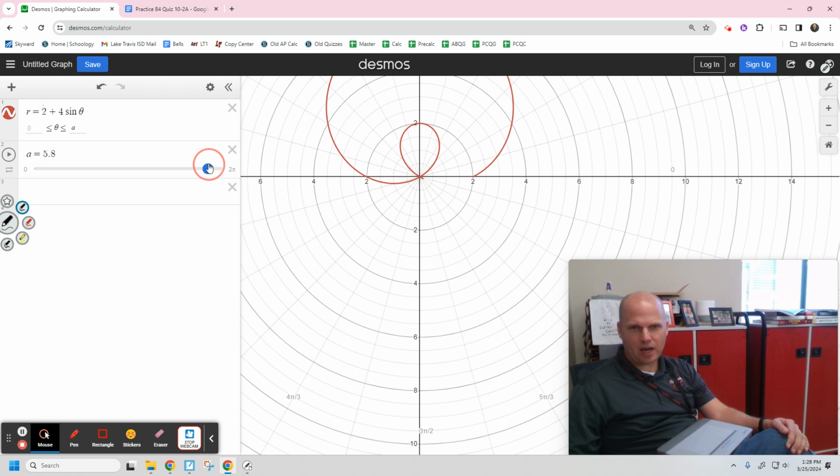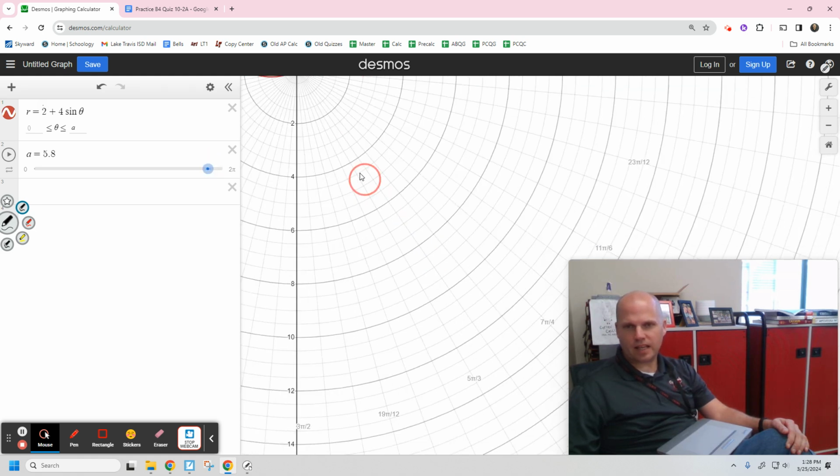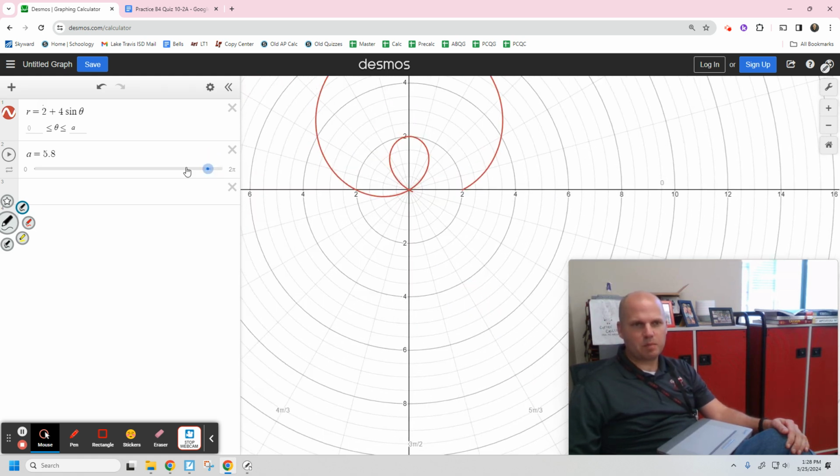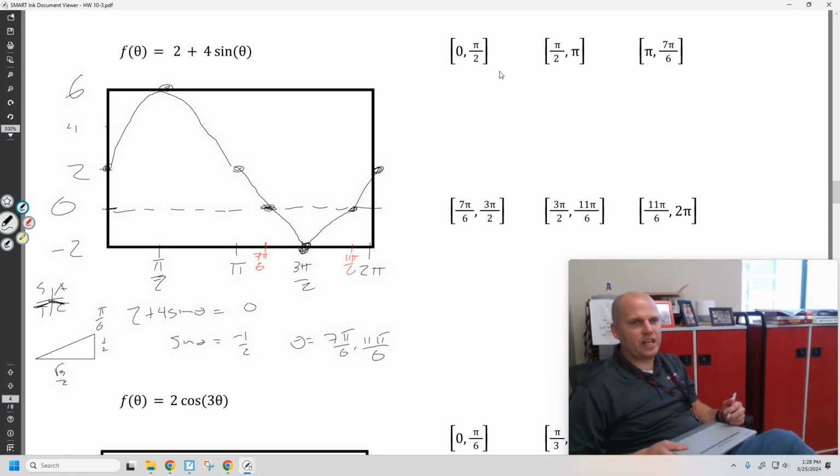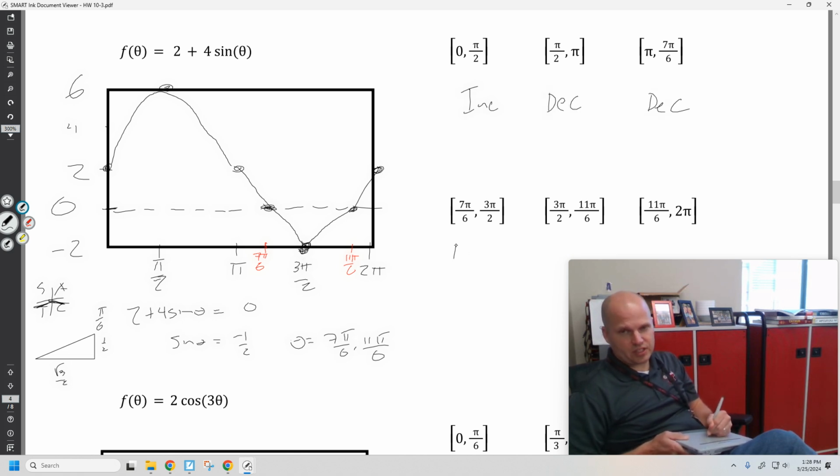Boom, that's 11 pi over 6. Right there, 11 pi over 6. And from 11 pi over 6 to 2 pi, we go back from 0 to 2. That creates this inner loop. We have to understand that radius is increasing. It's going away from the origin. This is decreasing. This is also decreasing, but this is now increasing.